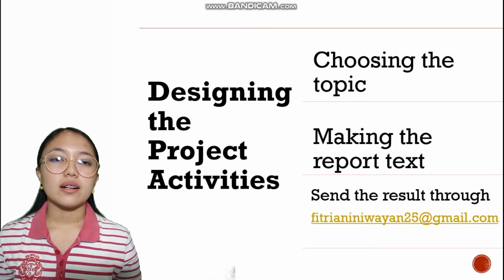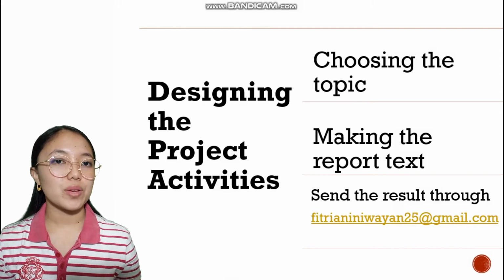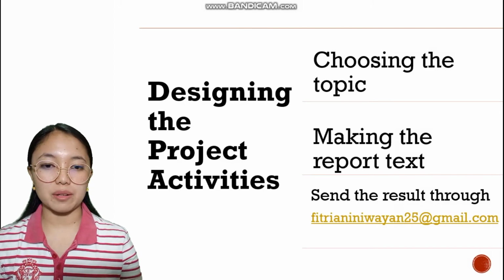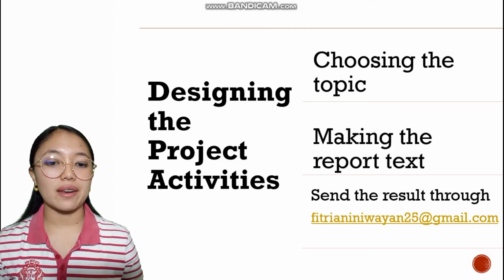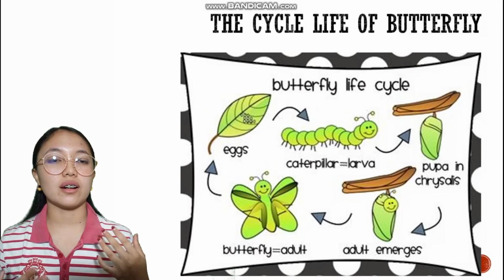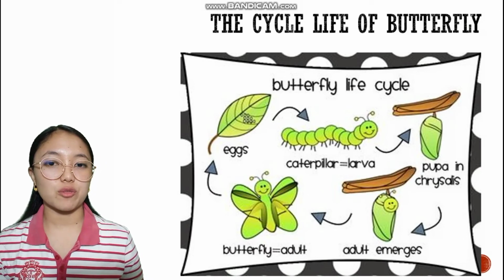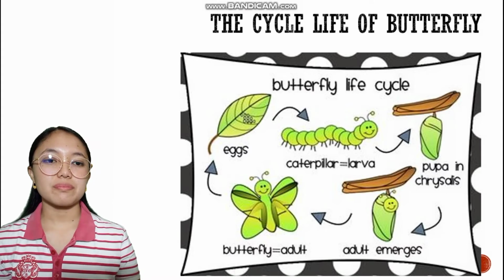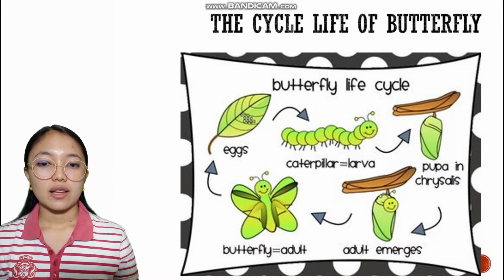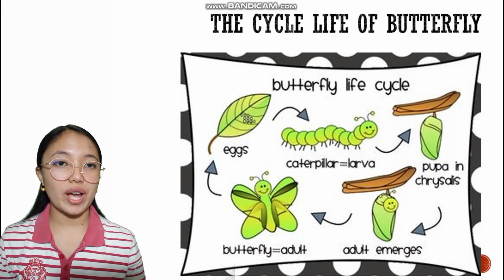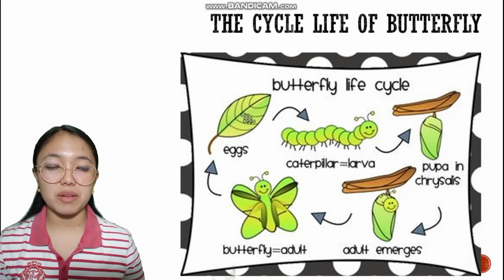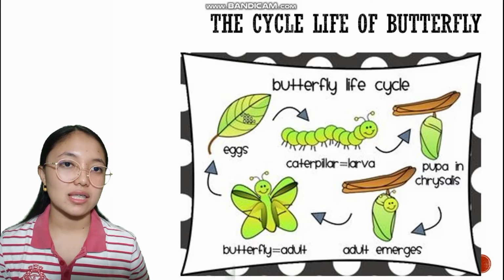And remember that I will give you the topic. This one, the topic that you can choose. The first topic is the cycle life of butterfly. I also provide you the picture. It will make you easier in making explanation text.